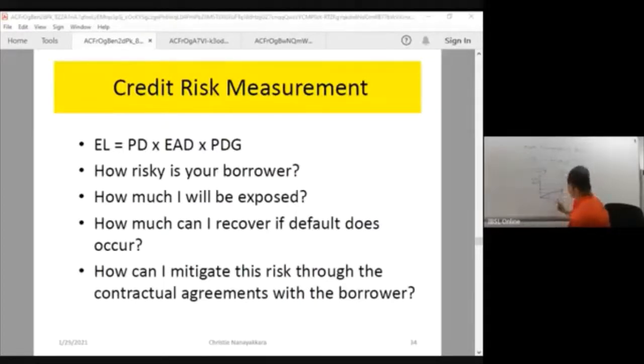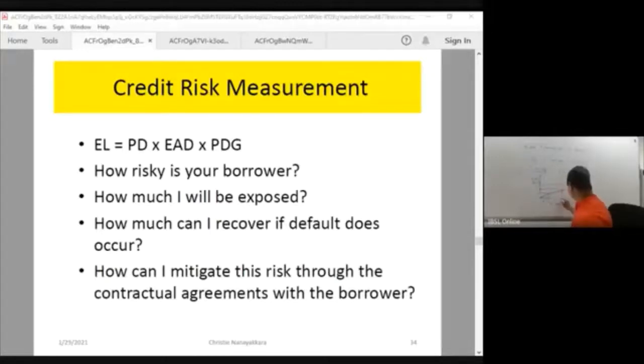So after 3 years, we'll see how much money we are going to lose. We'll take for example this stage. We divide this amount into 5 in order to arrive at the figures. So first year you will pay 200,000, second year 200,000, third year 200,000.